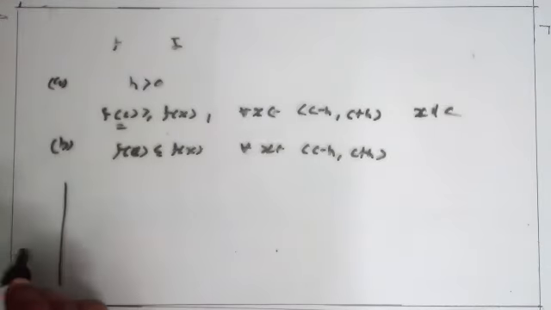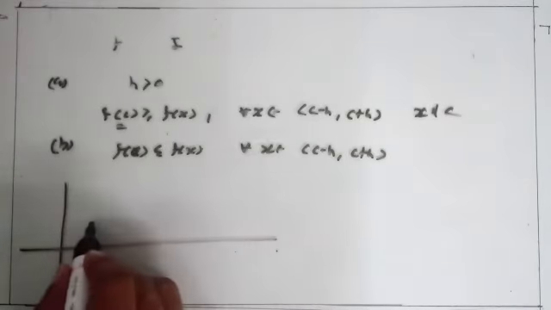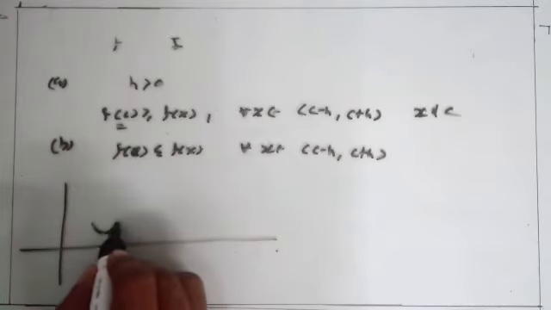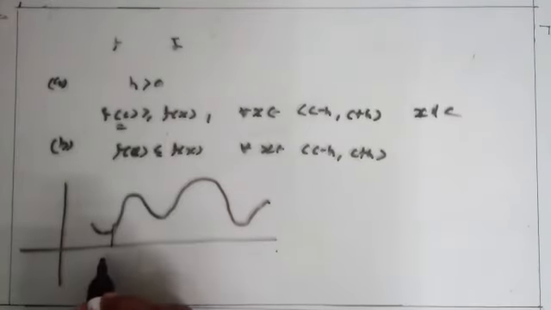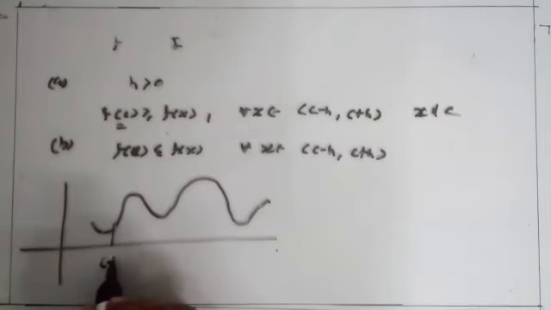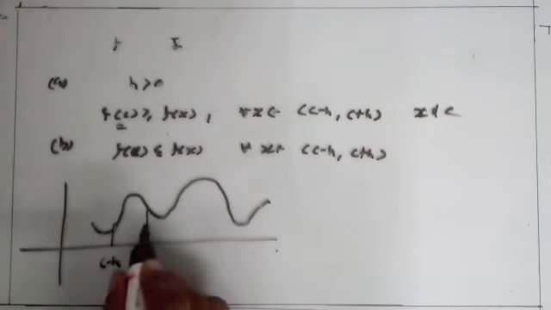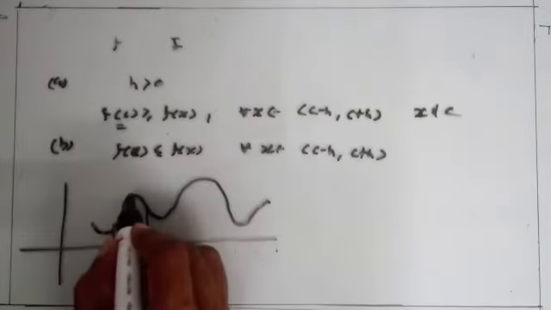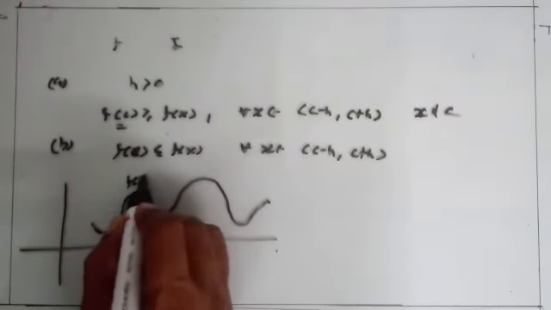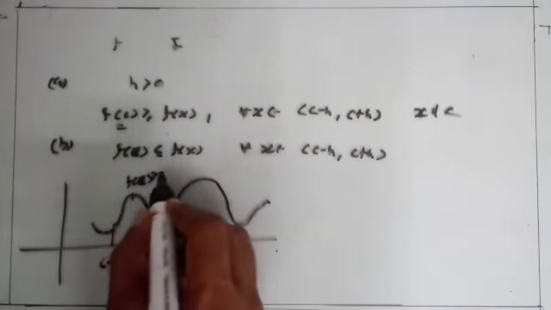By graph, understand this. If we have this type of graph, here in (C minus h, C plus h), f(c) is greater than f(x).